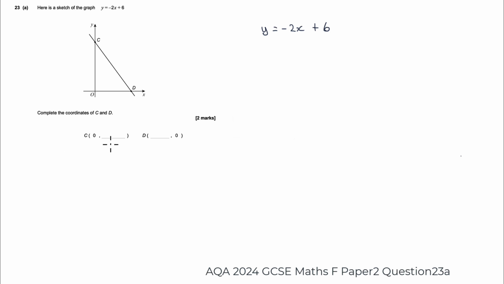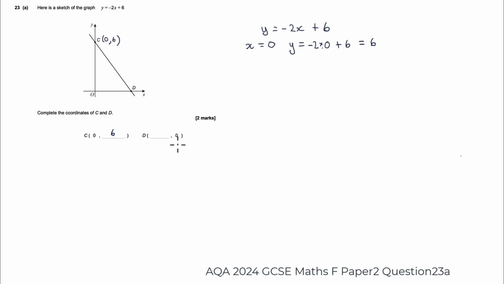So in particular, if we have x being 0, which is what's going on for point C, then we can work out the y-coordinate using this formula. Negative 2 times 0 plus 6. Well, negative 2 times 0 is 0, 0 plus 6 is just 6. So 0, 6 will be the coordinates of the point C, that's up here.